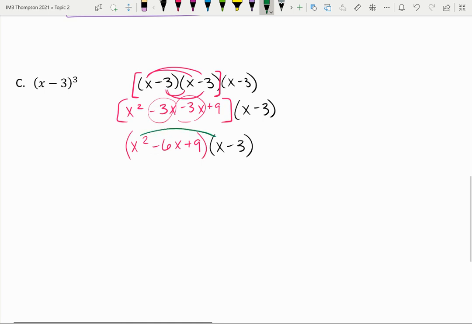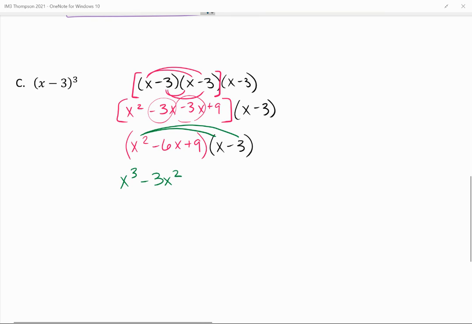So I distribute x squared times x. And x times minus 3, x squared times minus 3. Take the minus 6x and multiply through.